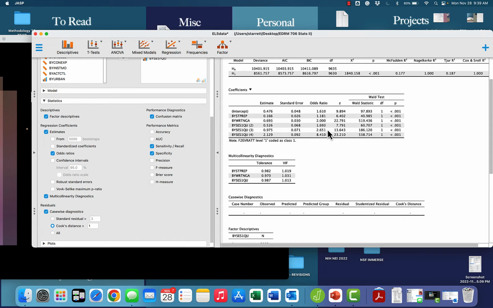And then we notice that the odds ratios keep increasing. By the time you get to that highest quartile of SES, those students have an 8.41 higher odds of enrolling post-secondary compared to students in the first quartile.